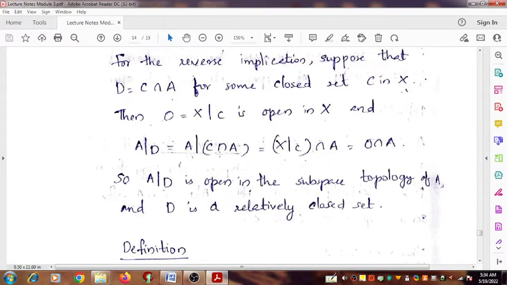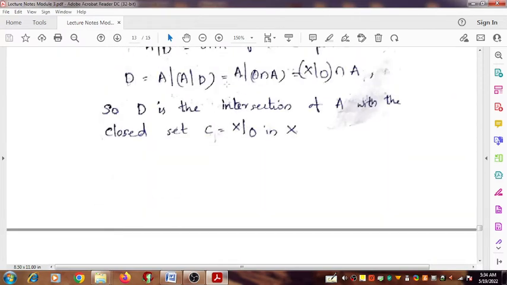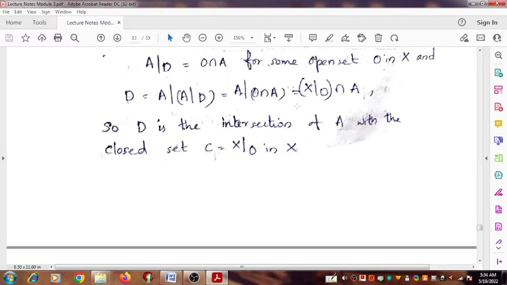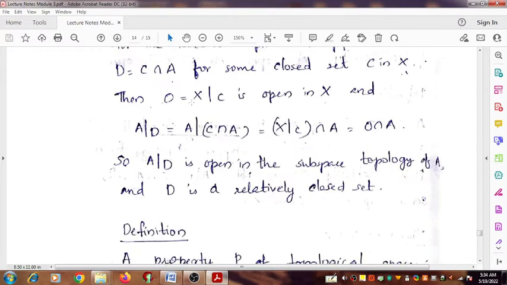Then applying the same simplification step that we used in the previous step, A minus (C intersection A) can be written as X minus C, intersected with A. But we know that X minus C equals O, an open set. So we can substitute that here: O intersection A.